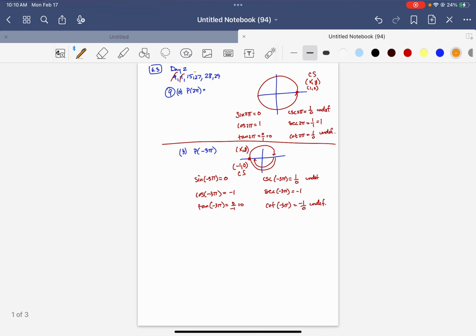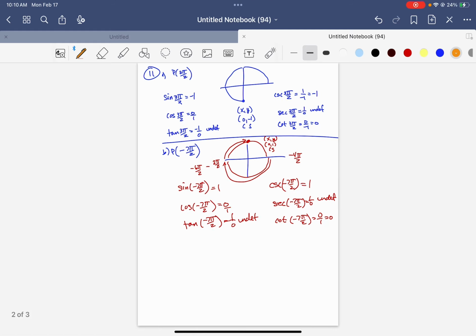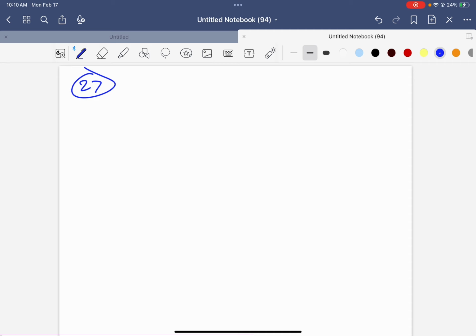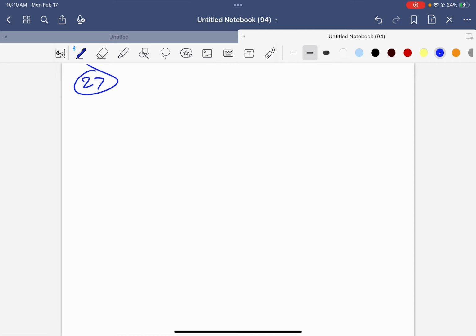So that was 15. Now we're going to do 27, 28, and 29. Let's see what 27 has in store for us. 27 just says as x goes to 0 from the right, what does the sine of x do?